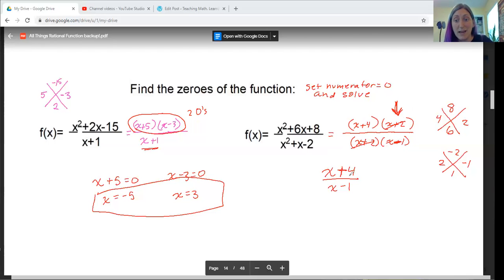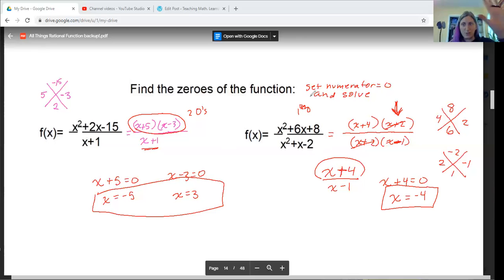We still just have to focus on our numerator, right? So now we have x plus 4 equals 0. So there it is. Our 0 is negative 4. There's only 1 zero.